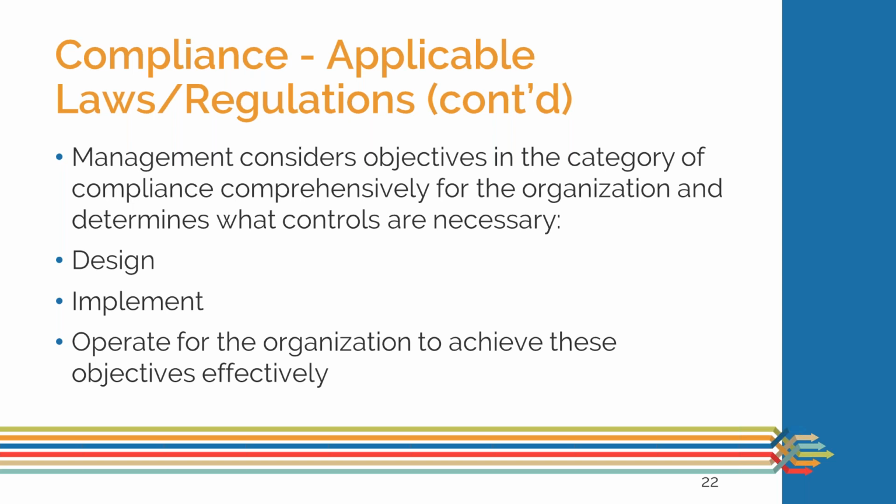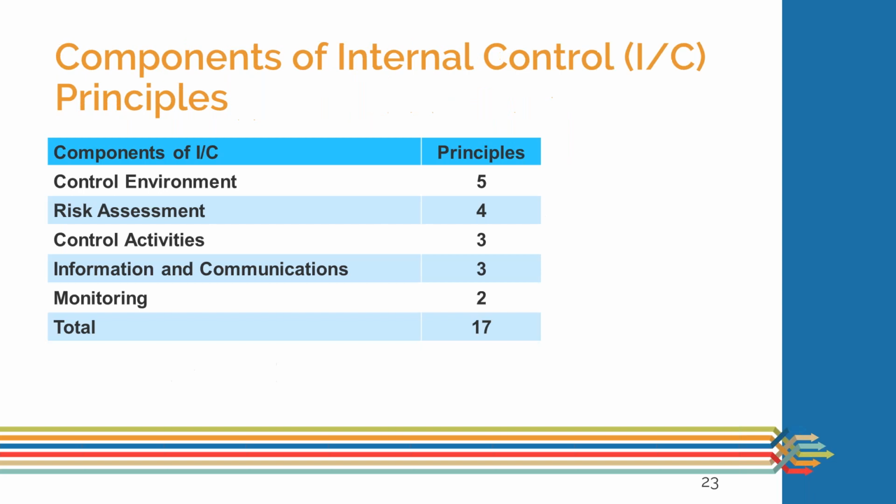Your design will be a little bit different than, let's say, an organization that has multiple grants, say 5 to 10, or millions of dollars in grants. You need to look at how to design the compliance for all those kinds of factors, and then how to implement your compliance, which is usually implementing your policies and procedures, and then operating the organization so that it achieves its goal objectively.